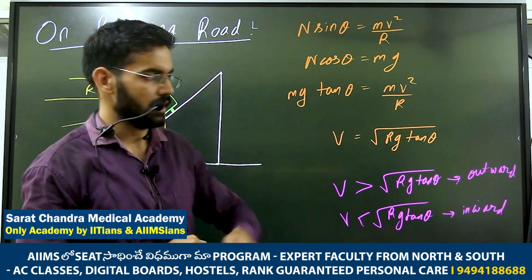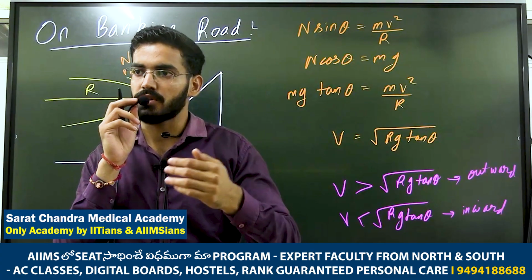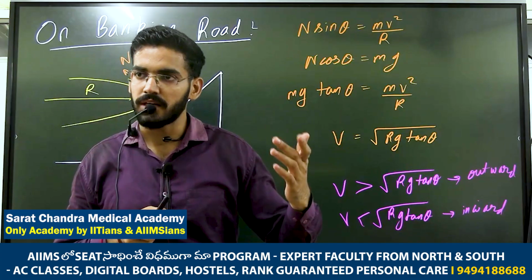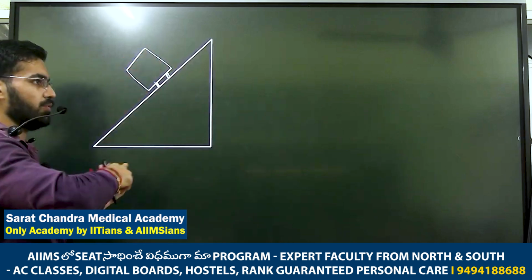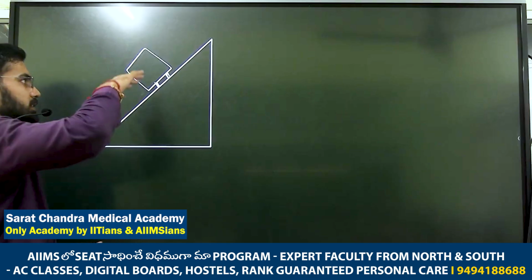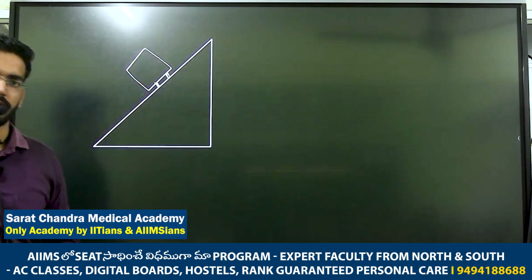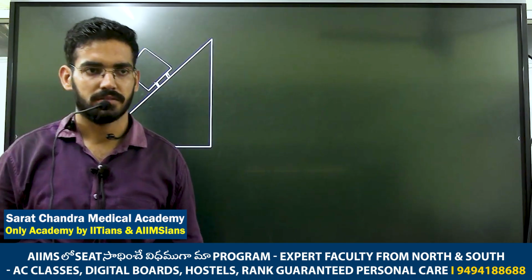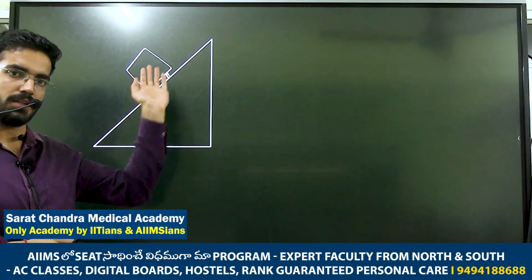As you increase the speed, what is the tendency of going? Which side is the possibility of going? Outward, right? So as I increase the speed, I want to find Vmax, the maximum velocity available. I have a tendency of going outward, so which side will friction act? Inward.